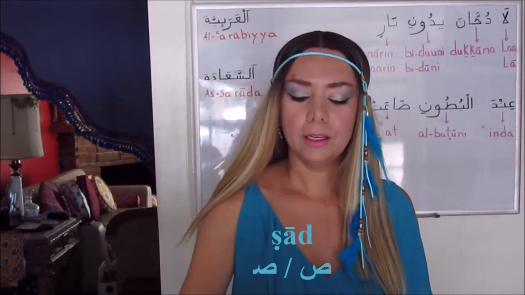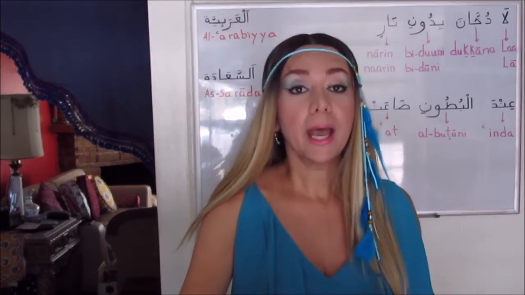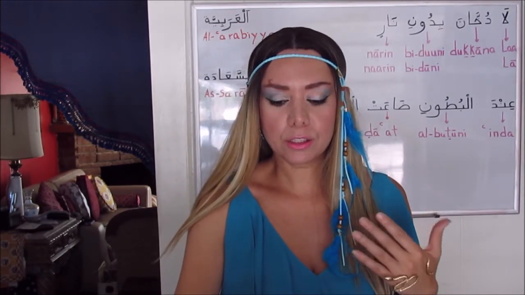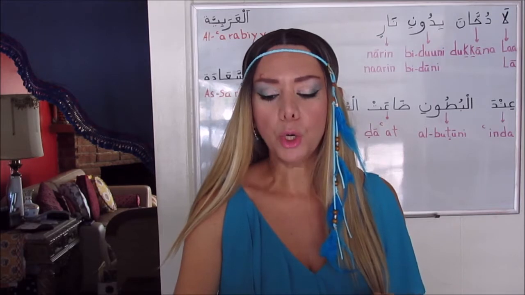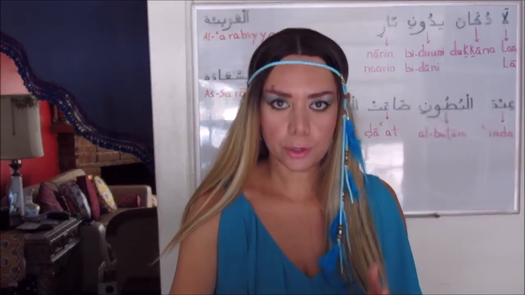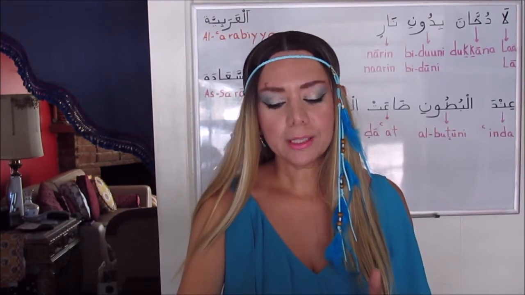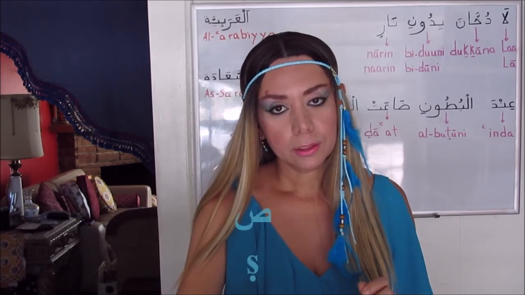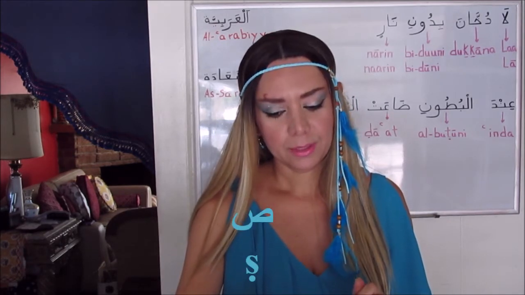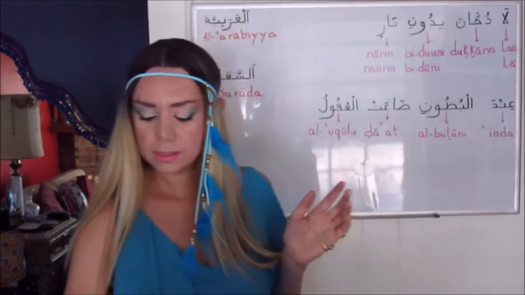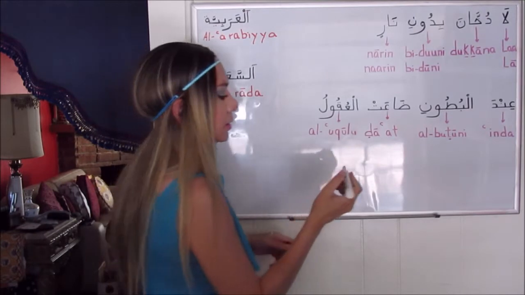Sin is the English S, as in 6 and 7, while the emphatic sad, sa, is heard in the words soccer, salt, sorrow, so, transliterated with a dotted S, as in صعب. صعب means difficult.